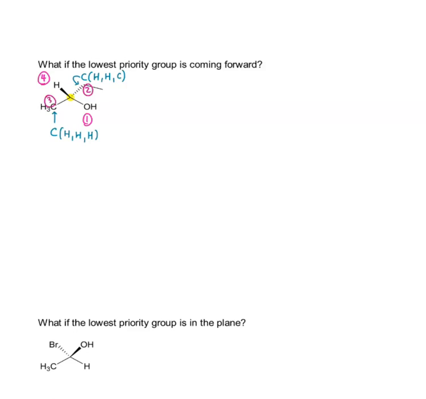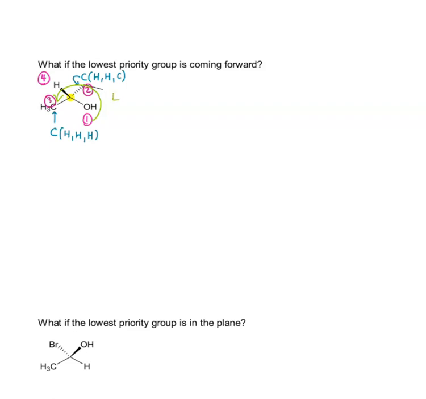Okay, so what you can do, start at 1, go to 2, and then to 3. That's a counterclockwise motion or direction. But you're oriented in the wrong position relative to the molecule to be able to assess correctly. You really should be standing behind the page so that the hydrogen is pointing away from you.